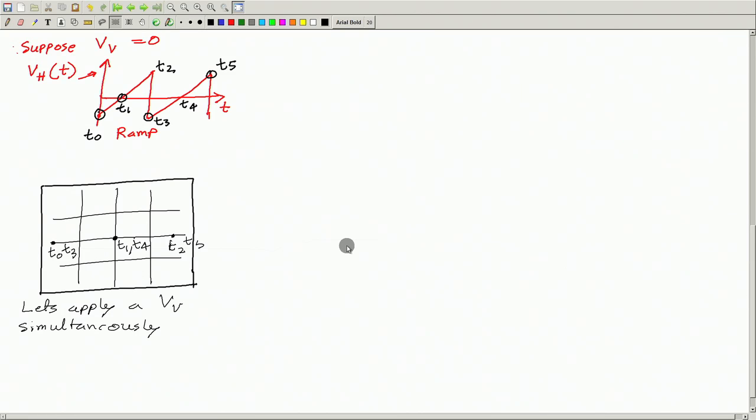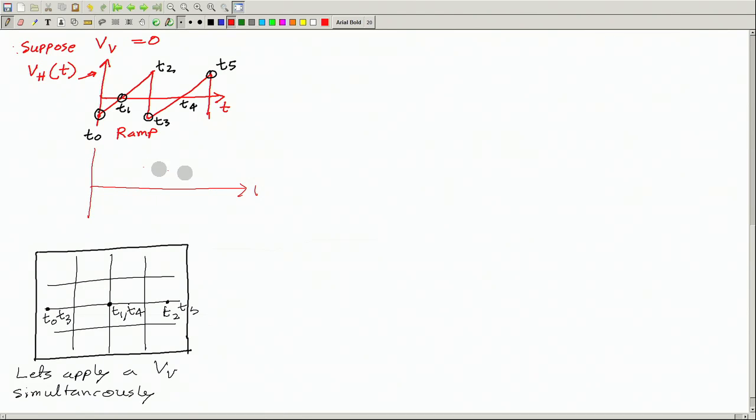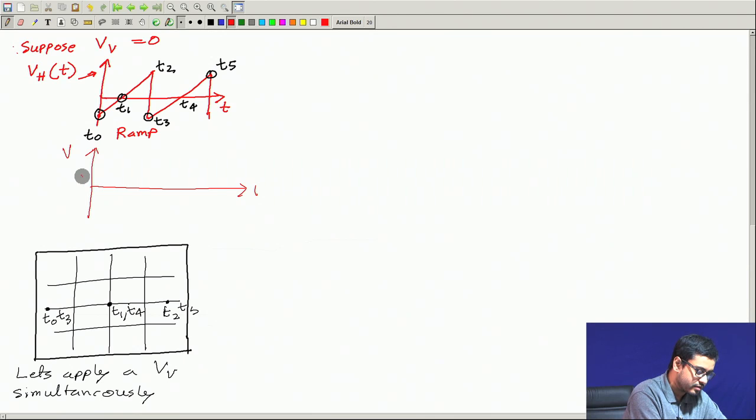Let us draw that. Okay. Time versus V. I will take it like a sine wave, which is like this.